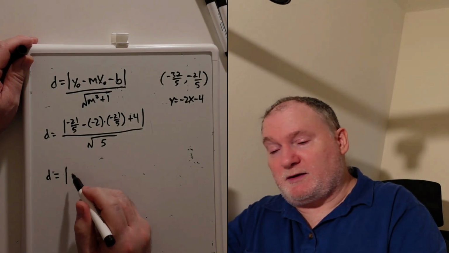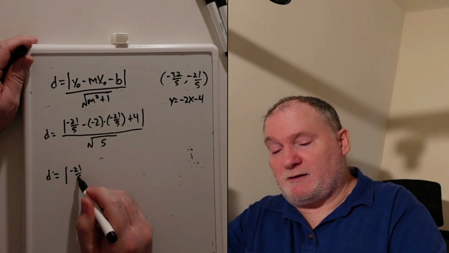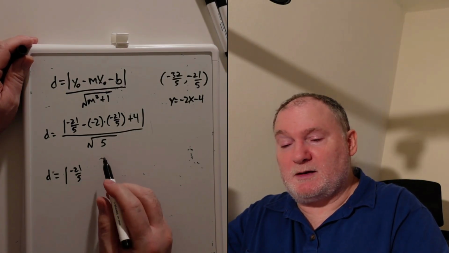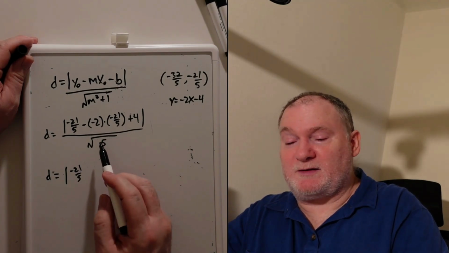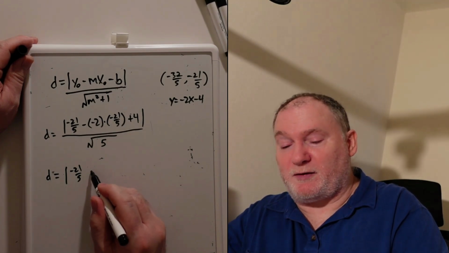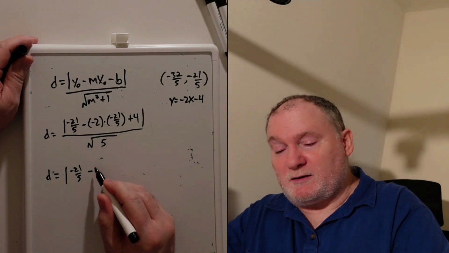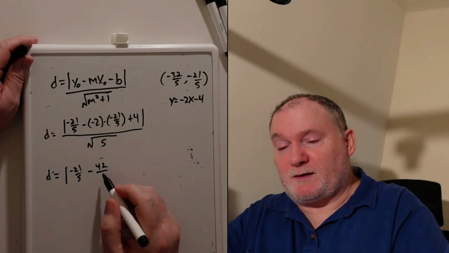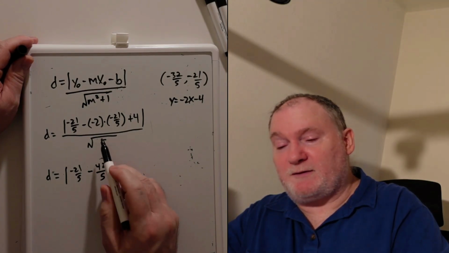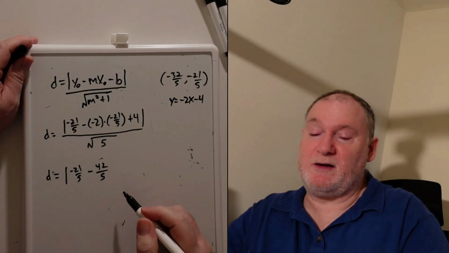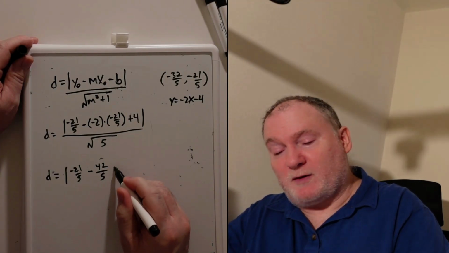So d is equal to negative 21/5. So I got 3 negatives that are being multiplied together, so the overall thing is minus. 2 times 21 is 42. And I got a denominator of 5 because the hidden 1 times 5 is 5, plus 4.